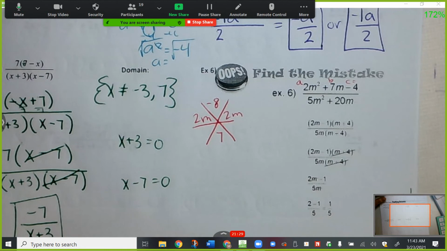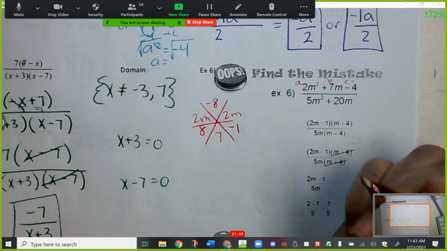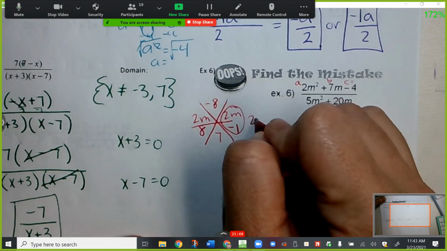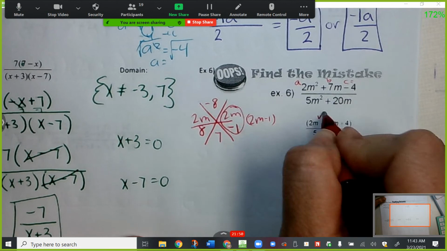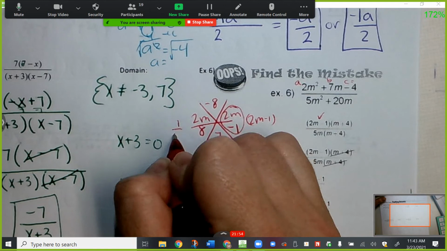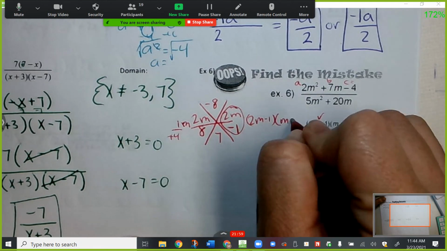What multiplies to give you negative 8 but adds to give you 7? 8 and negative 1. Now, 2 over 1 does not simplify, so that's one of my factors, which they have. 2 over 8 does simplify to 1/4, so this becomes 1m plus 4, which it also has.